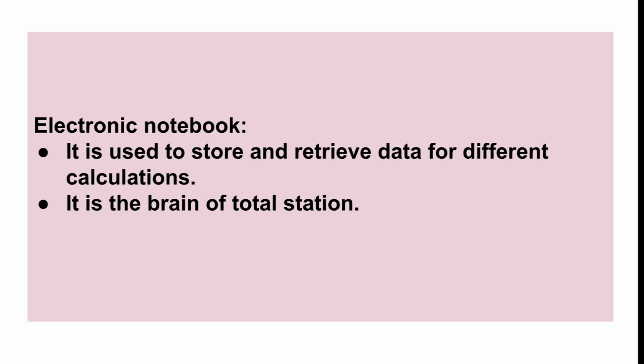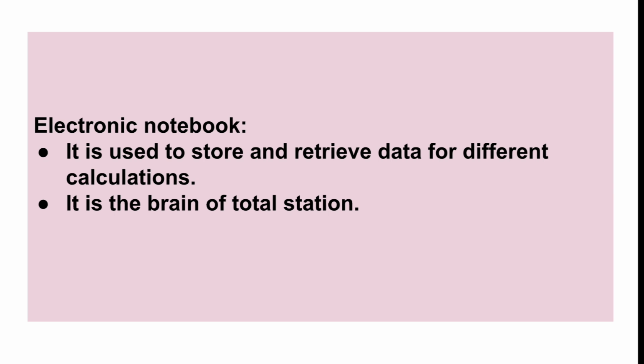Now let us discuss the electronic notebook. It is used to store and retrieve data from different calculations, as it is the brain of the total station, and it consists of a functional menu, level menu, road menu, survey menu and coordinate geometry menu.